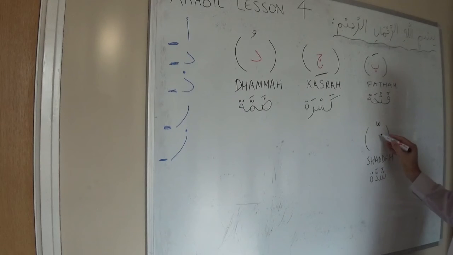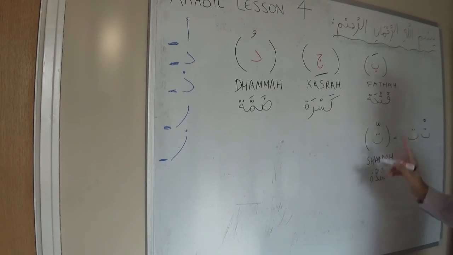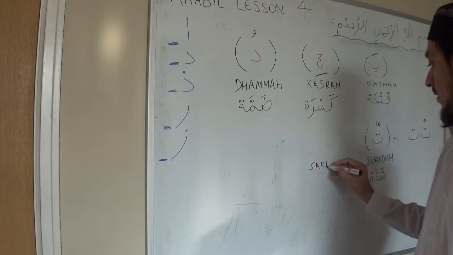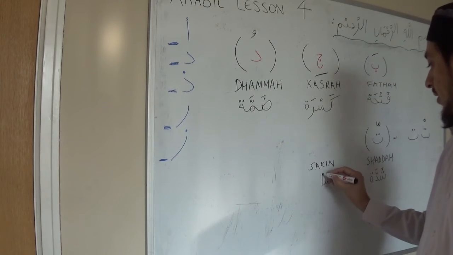So if you have ta with this, it is equivalent to two tas, the first one always being sakin. So let's bring in sakin, or sukun.